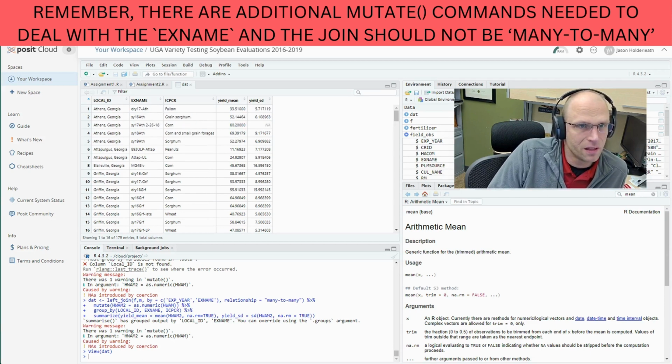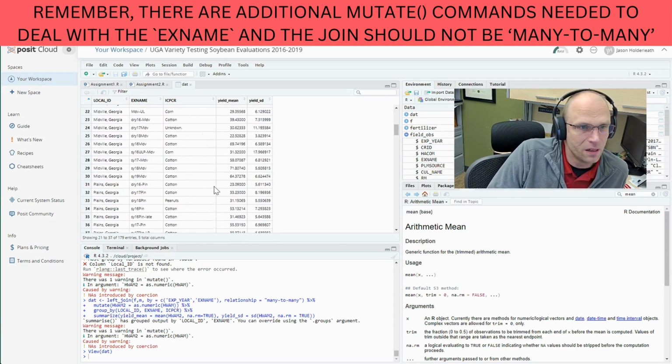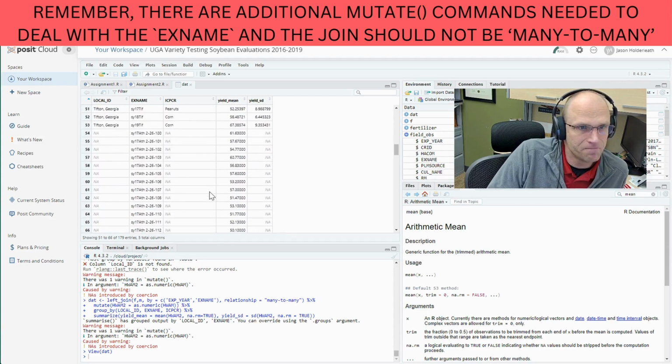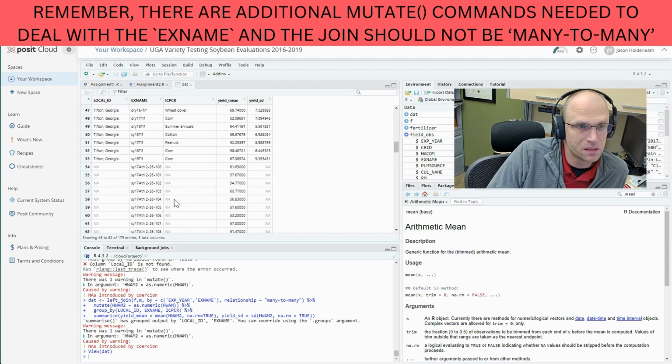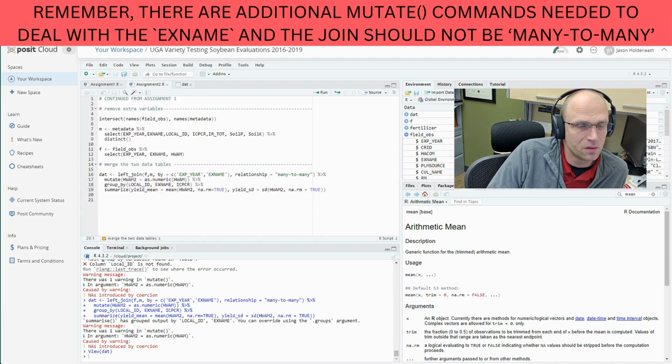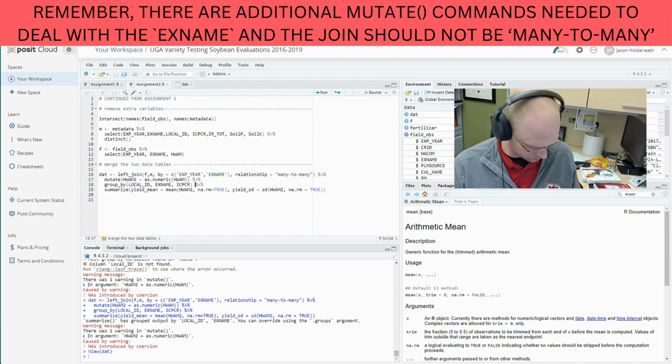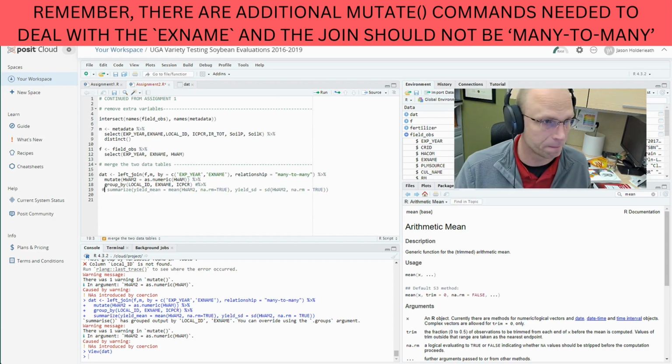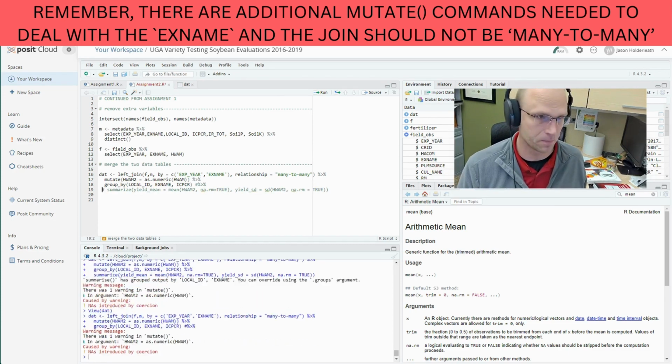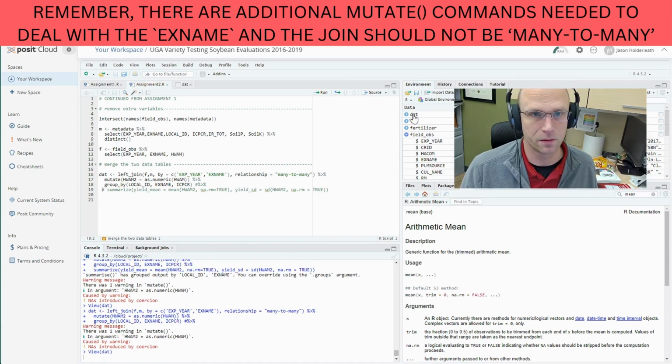It looks like they treated that differently. So maybe every experiment had that. Let's go back and drop the summary statement and take a look. Look at that.